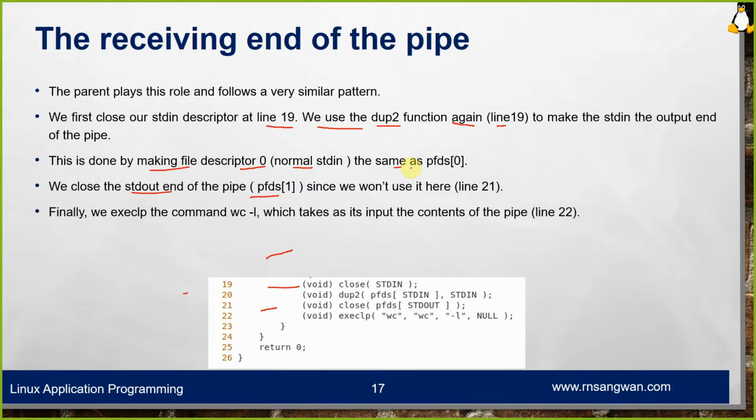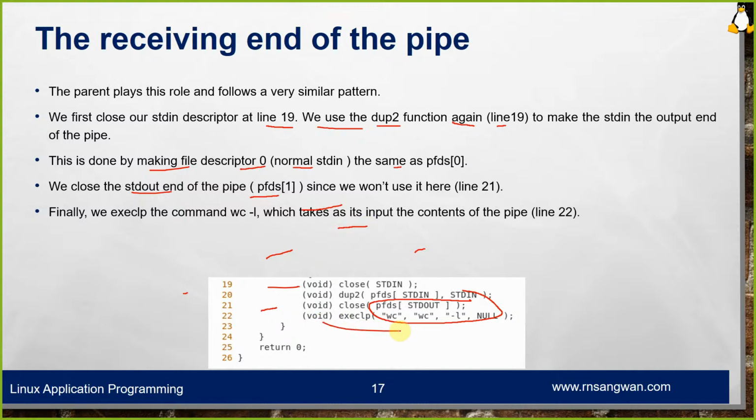Finally, we use execlp to execute the command wc -l, which takes as its input the content of the pipe, in line number 22, here. So that's what is happening.